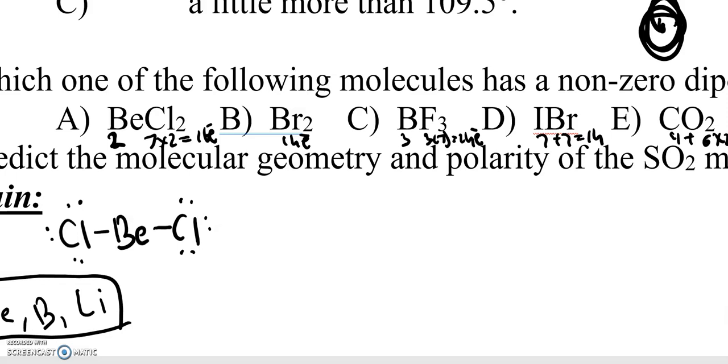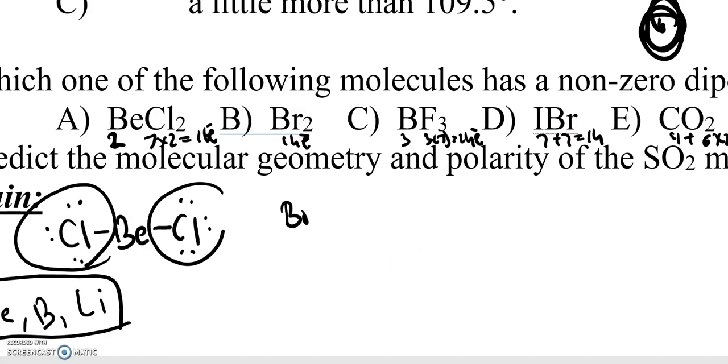They're not going to make an octet. So this is going to be a linear structure. If it's a linear structure, it's going to be a symmetric molecule, so it's going to be nonpolar, right? As we see here, there's no polarization. The cloud will be linear, with chlorine on one side and chlorine on the other side, so it's going to be a nonpolar molecule.